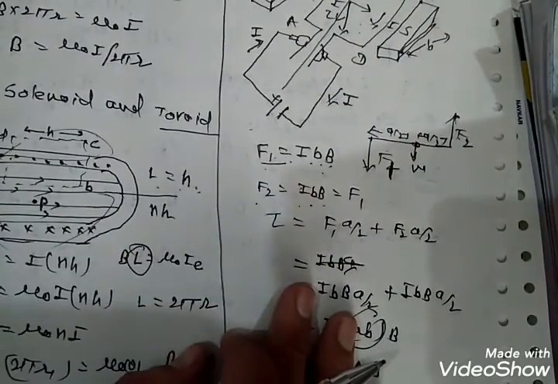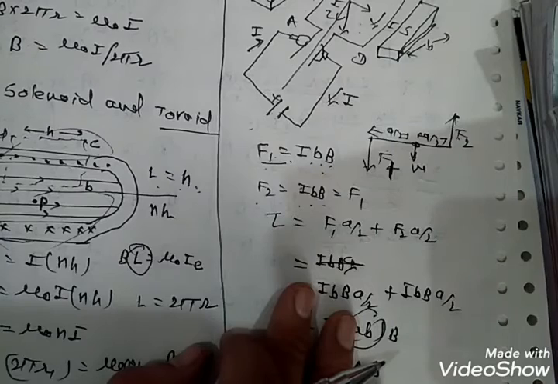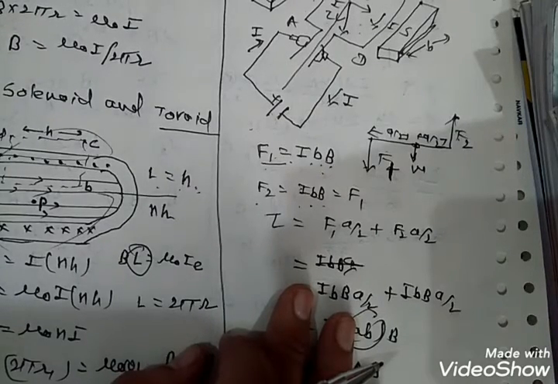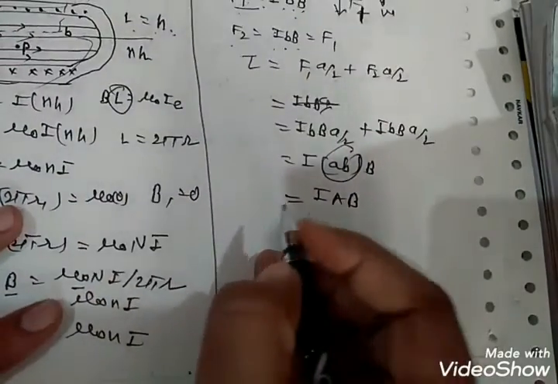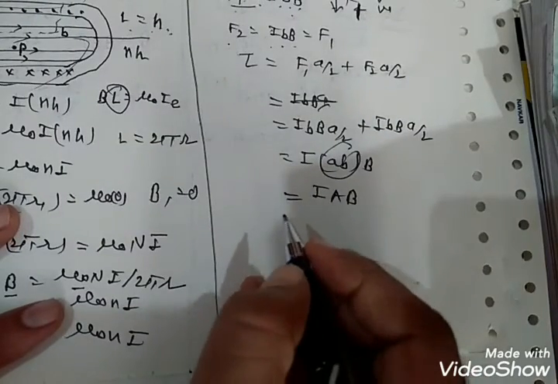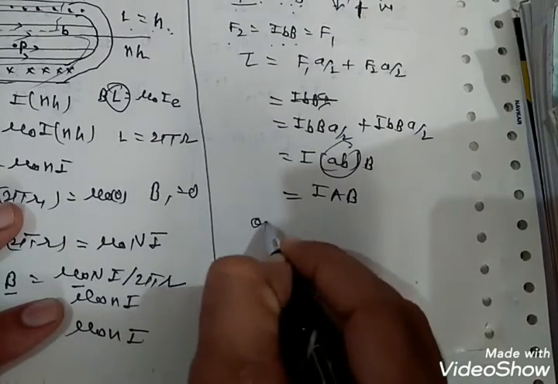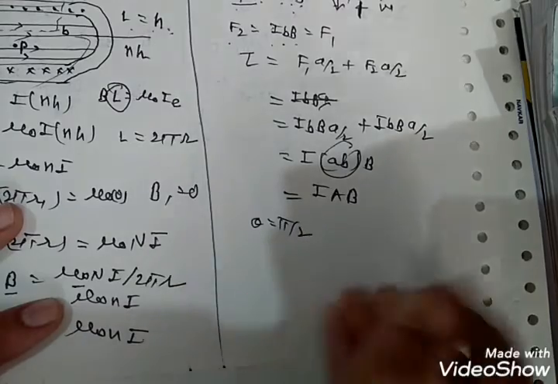Next we consider the case when the plane of the loop is not along the magnetic field but makes an angle with it. Here the angle between the field and the normal to the coil is theta. In the earlier case, theta was pi by 2.